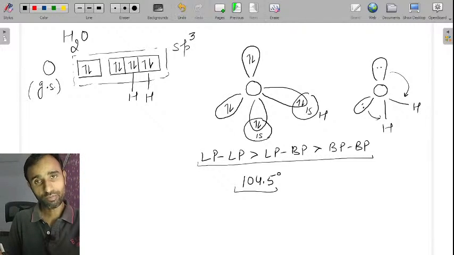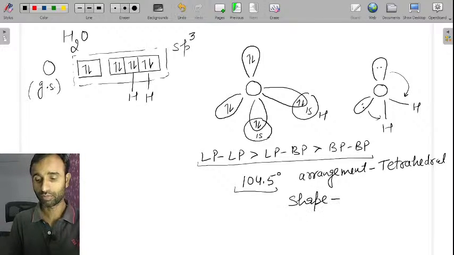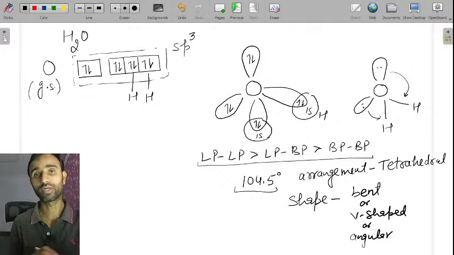Arrangement is tetrahedral, but shape, because of the presence of lone pairs, shape is bent or V-shaped or angular. Okay, bent or V-shaped or angular.